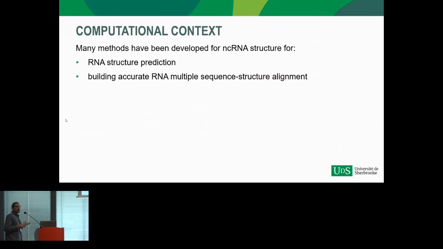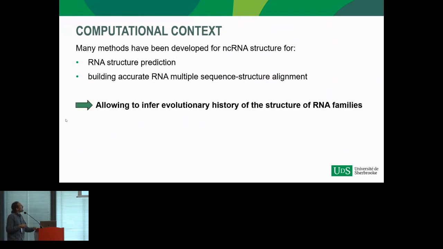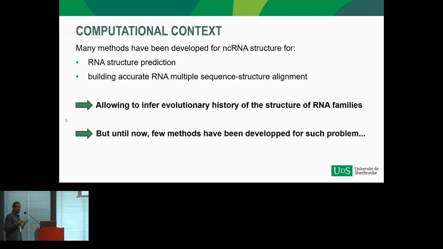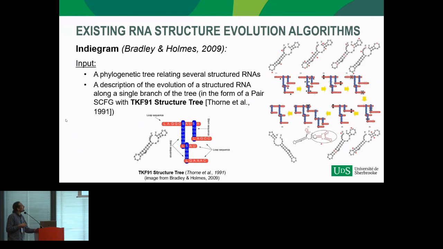So in the computational context, there are many methods that have been developed for non-coding RNA structure prediction, and also to build accurate RNA multiple sequence and structure alignments. This allows us to infer the evolutionary history of the structure of RNA families, but until now, very few methods have been developed for such a problem.